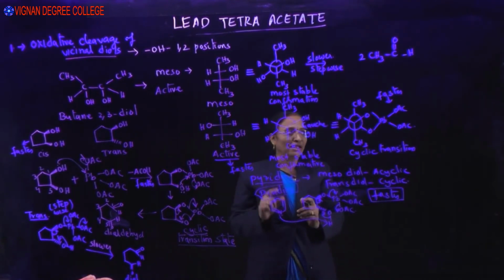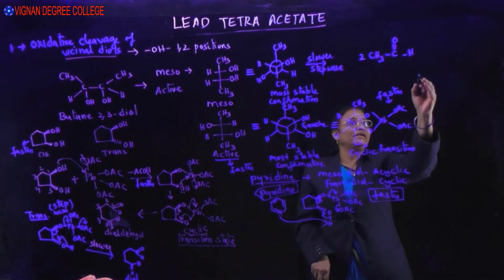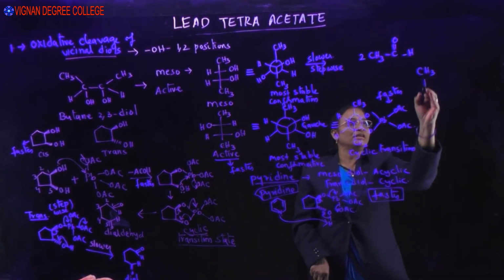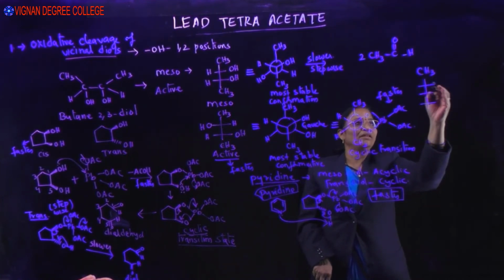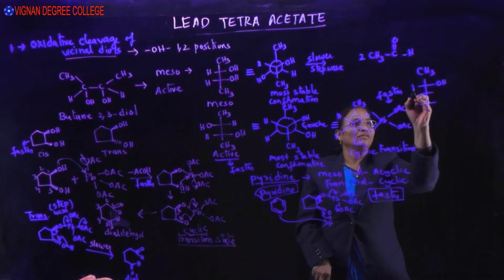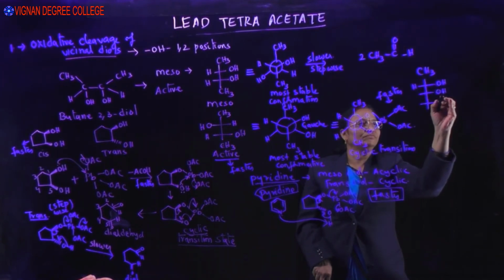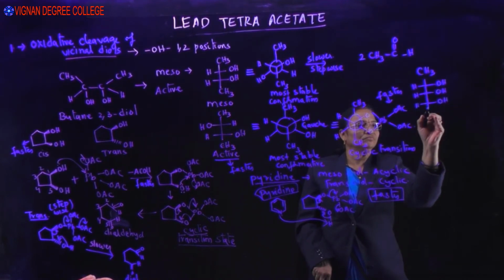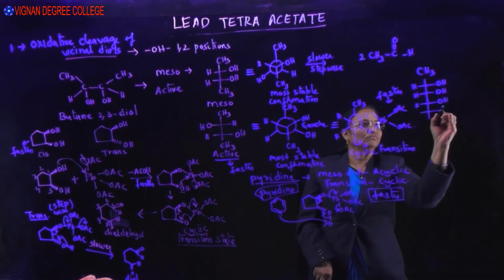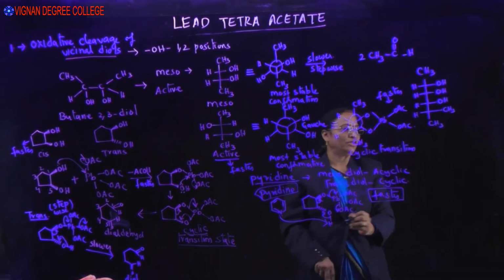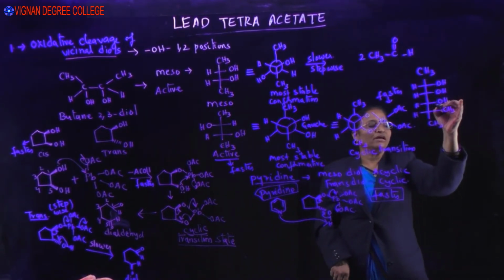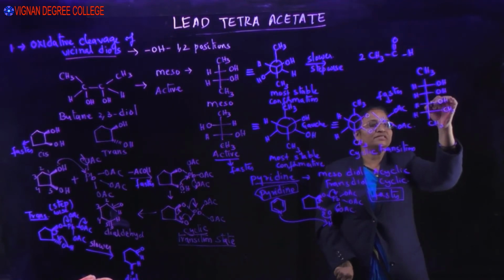Now, if you take a hydroxy compound containing hydroxy groups on either side, say for example, if I am taking a molecule like this, where you have the 1,2 diols present adjacent to each other.